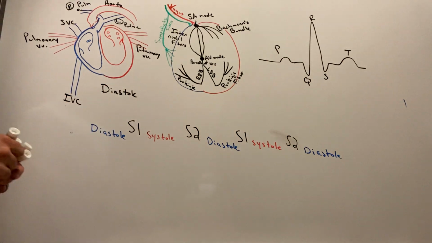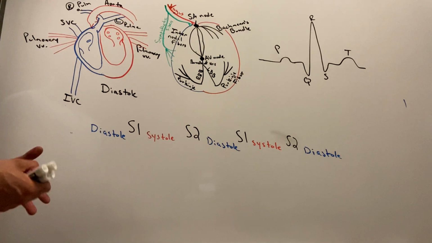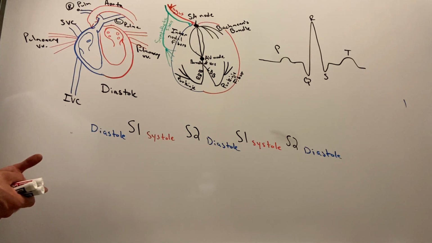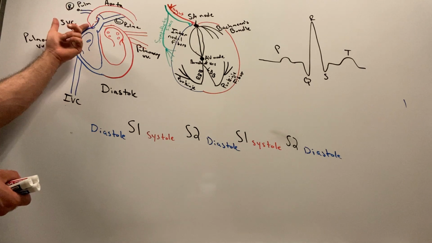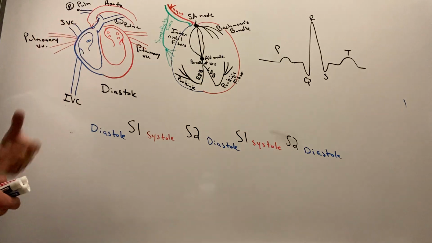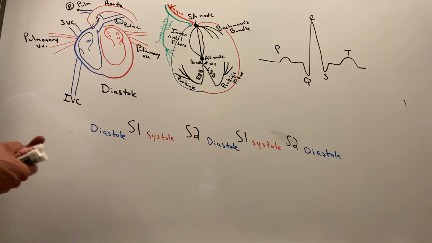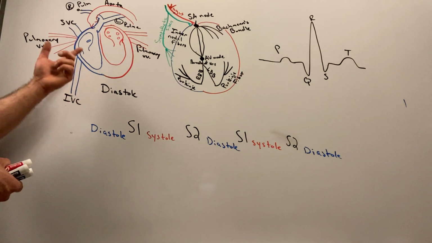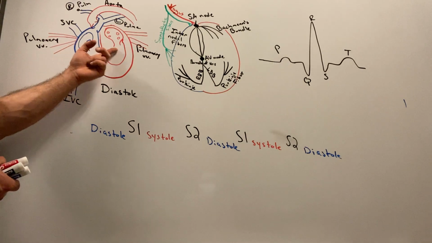So what valves are open, what valves are closed? During most of diastole, the aortic valve and the pulmonic valve are closed. Those are your semilunar valves. Those are closed. Blood's not leaving; the heart's filling with blood. So then our tricuspid and our mitral valves will be open.